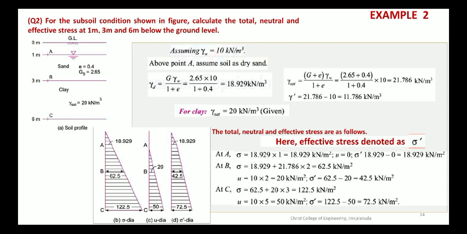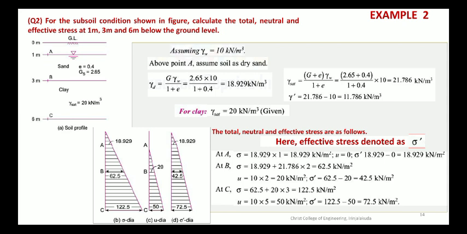So gamma d is the dry sand unit weight, that is G gamma w divided by 1 plus e. The Gs value is given, specific gravity of solid 2.65, into 10, the value that we assumed for gamma w, divided by 1 plus e. So you substitute and you get gamma d as 18.929 kilonewton per meter cube.